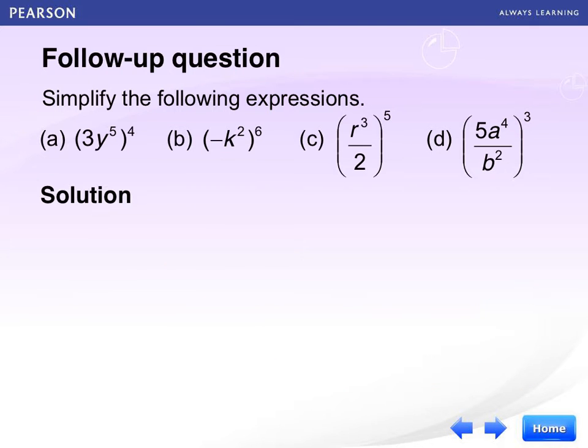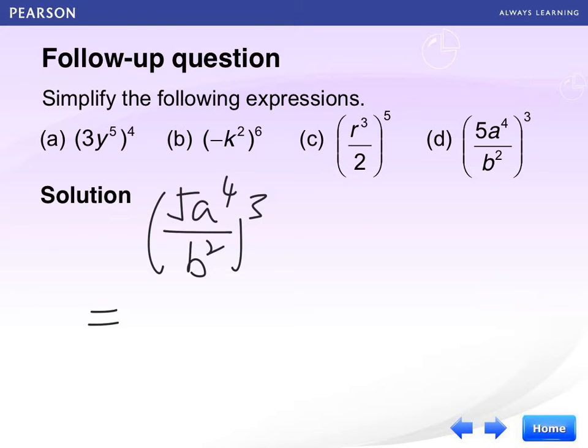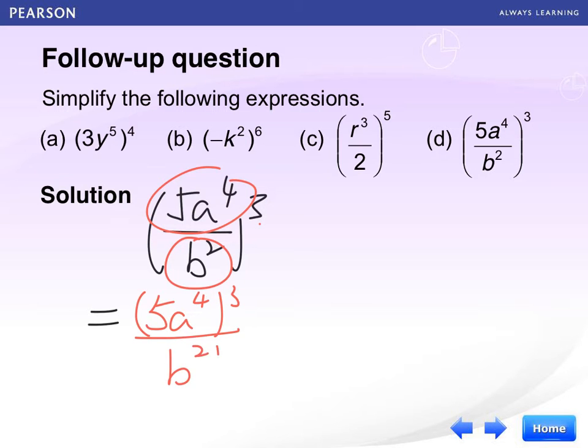Now we try the example, (5a to the power 4 over b squared) cubed. Now you know that there's a fraction here, something over something. Because it's a fraction, each of them takes the power 3. So 5a to the power 4, and then the whole thing is cubed, and b squared is cubed.